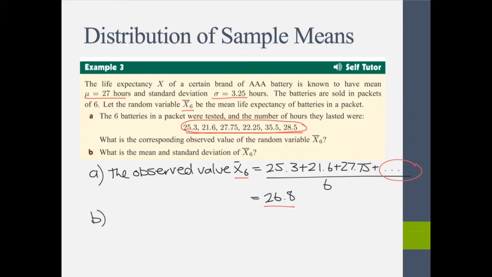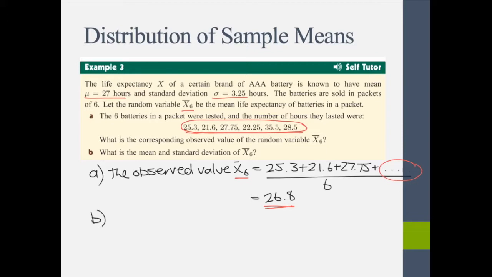Now what the distribution of sample means is really about is if you went and purchased another 30 packs and found the mean of each of those packs, you might have found one that was 26.8, another that was 27.2, another that was 26.3, and so on, and then you found all those means.